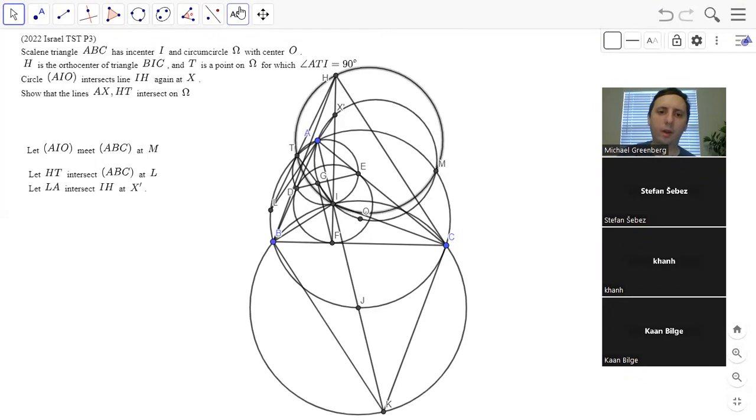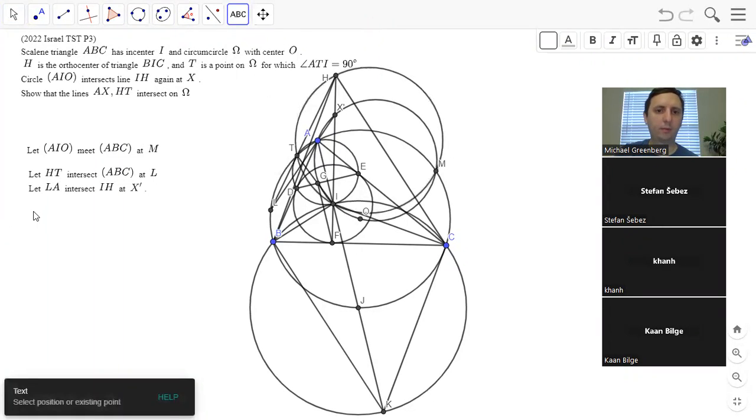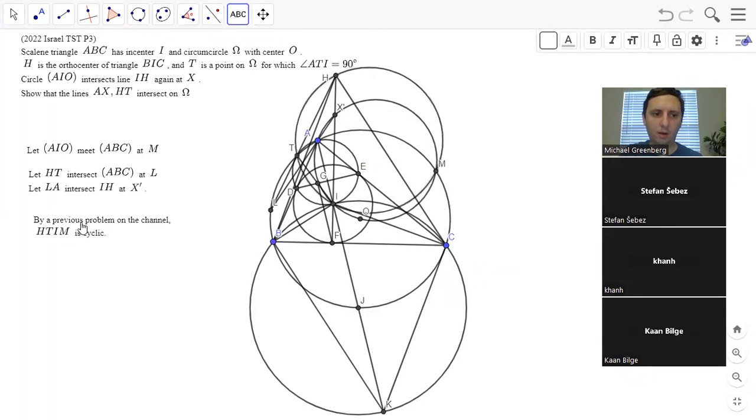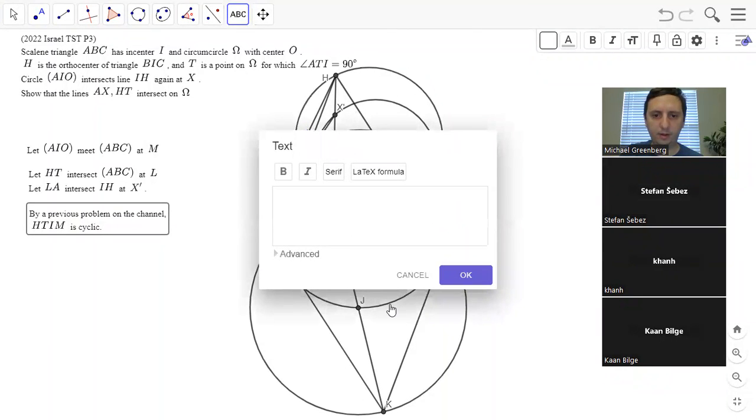Okay, all right, so let me write this out. We want to show that this is cyclic, but we know that this is cyclic. So by a previous problem on the channel, HTIM is cyclic. And then an angle chase proves that this is cyclic.